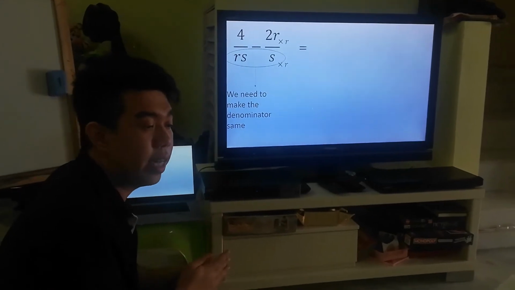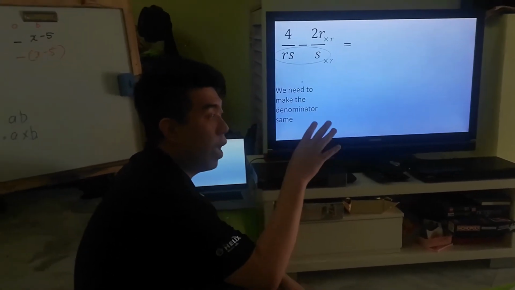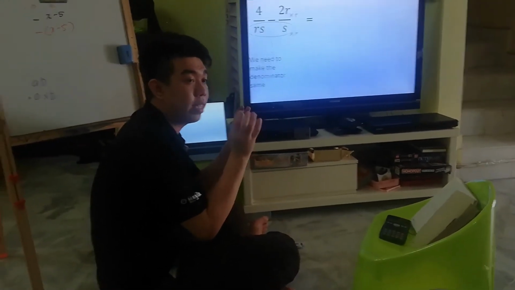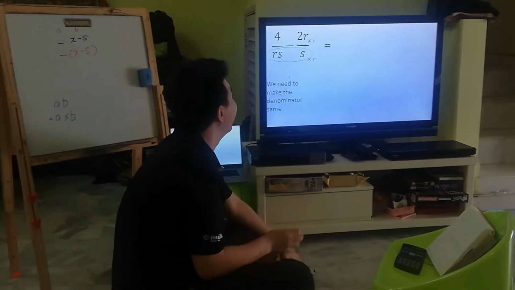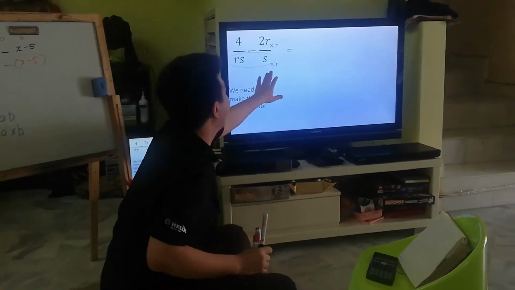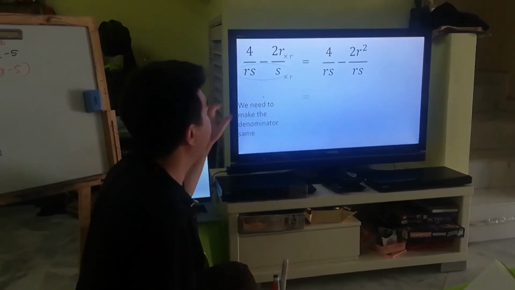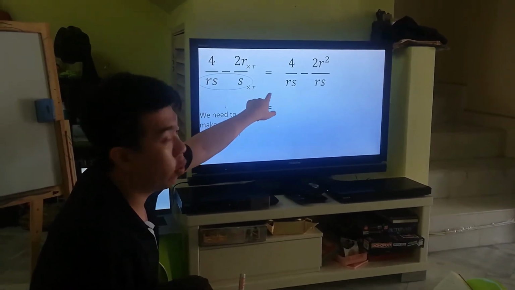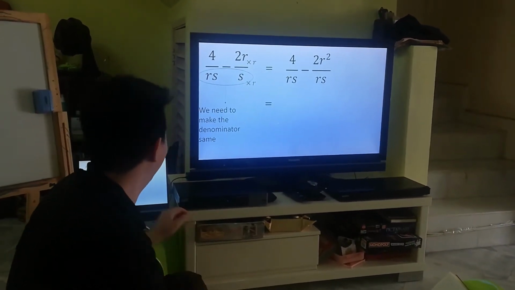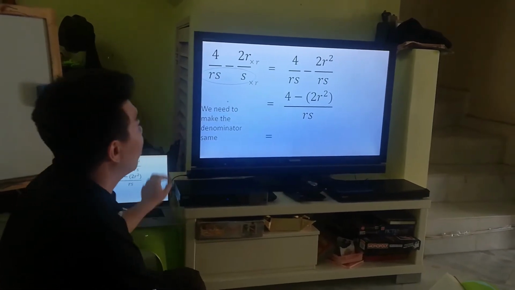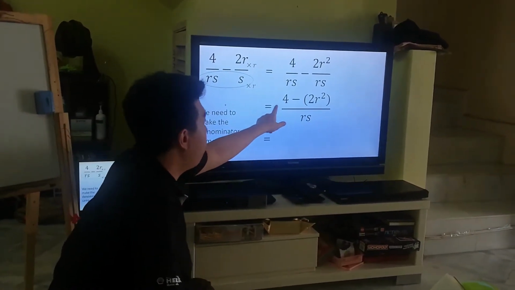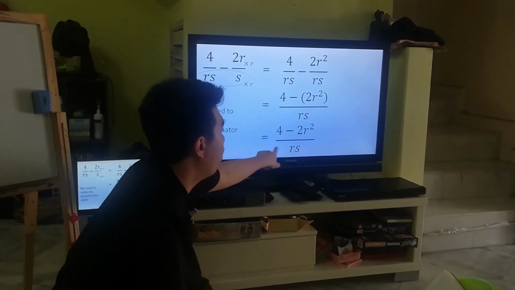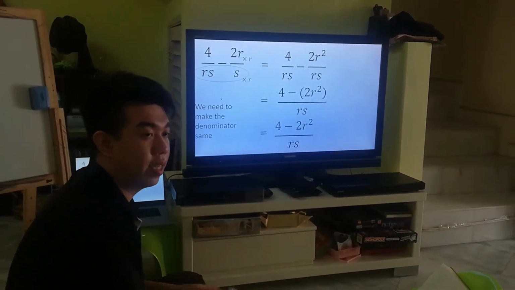For fractions, you learned last time, to add or do any operation on fractions, just make the denominator the same. So you times r here. So you get here 4 over rs minus 2 r squared over rs. So same thing. 4 minus 2 r squared over rs. That's the final answer.